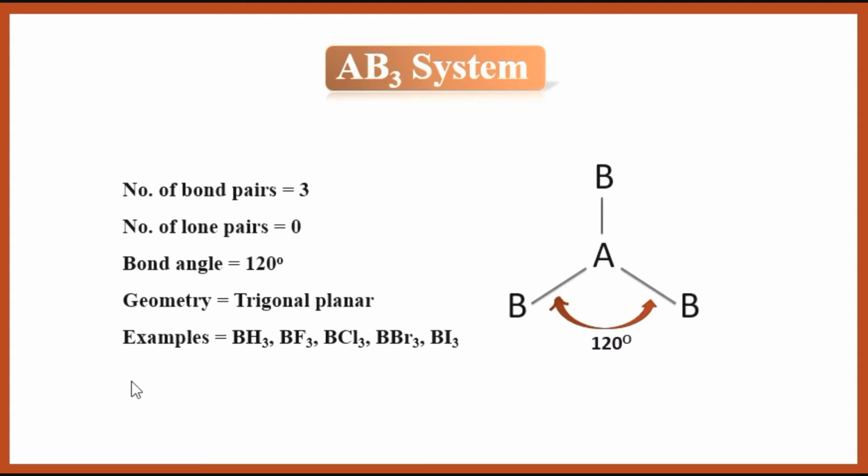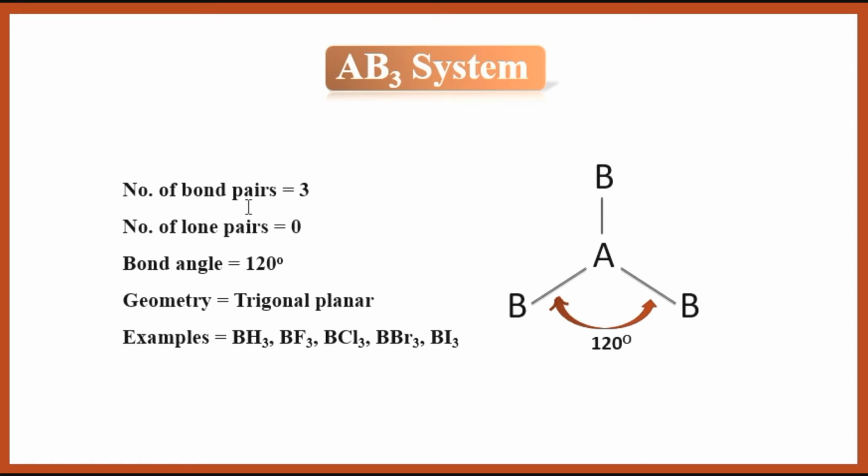Our next system is the AB3 system, where, as its name indicates, a central atom A has been bonded with 3 ligands that are B. And what does it indicate? That a central atom A has 3 bond pairs with the B atoms.